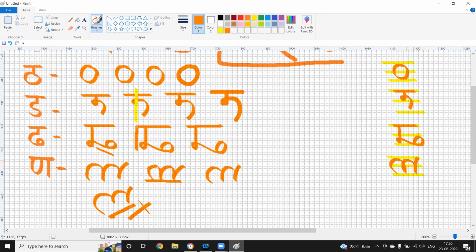You can fit it within the 3 lines. It shouldn't be smaller. You should not make it like this and try to keep it only in the last 2 lines. The size has to be the same for all the letters, whether it is tha or na.